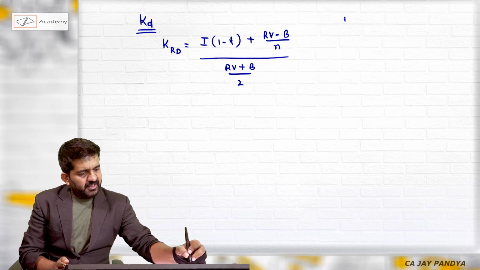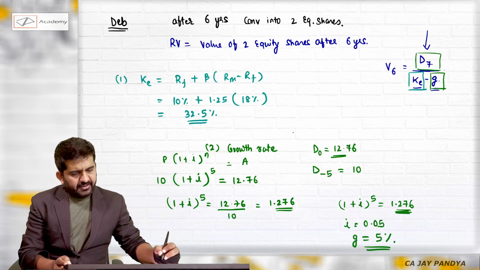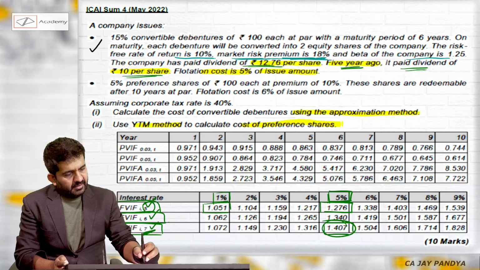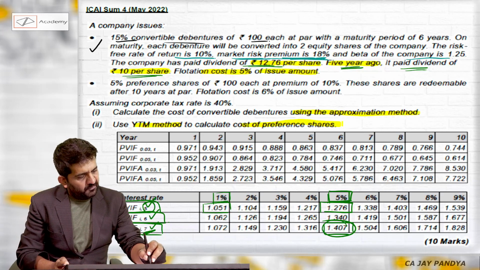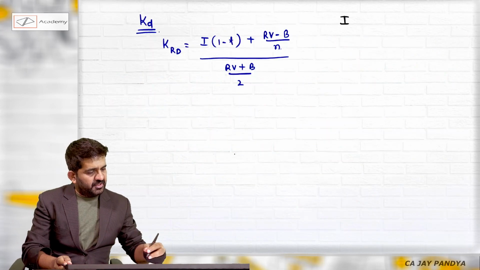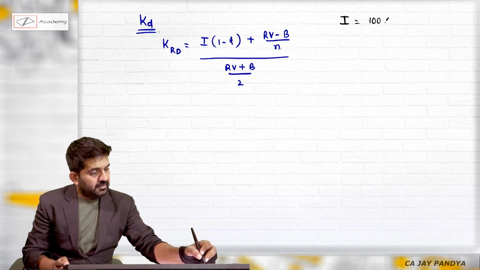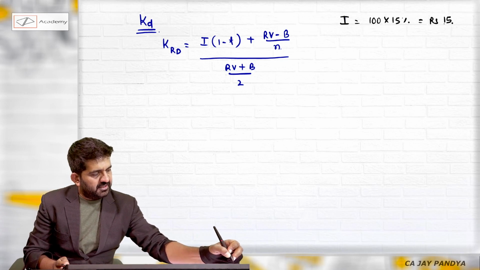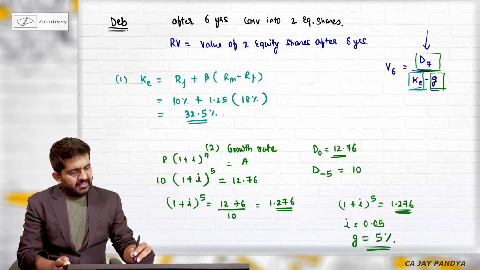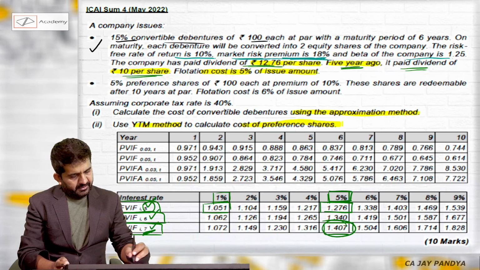Let me first find out all the variables. Interest rate. They are 15% convertible debentures of rupees 100 each at par. So face value is 100 into 15%, that is rupees 15, which will be nothing but I. Tax rate I am knowing it. Tax rate is 40%.